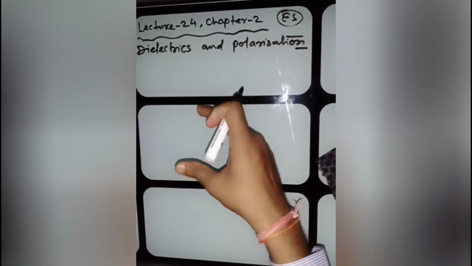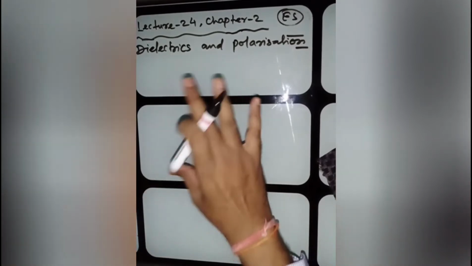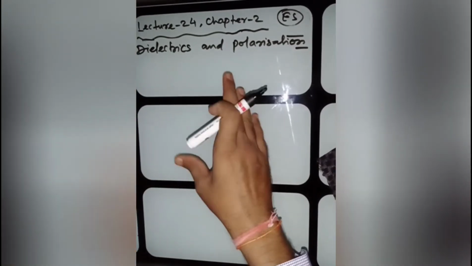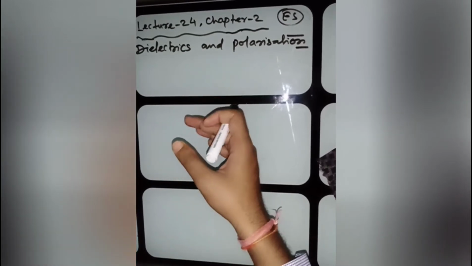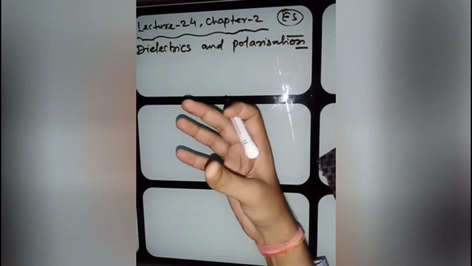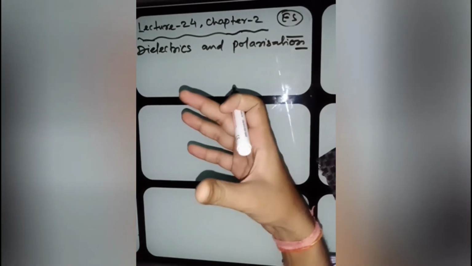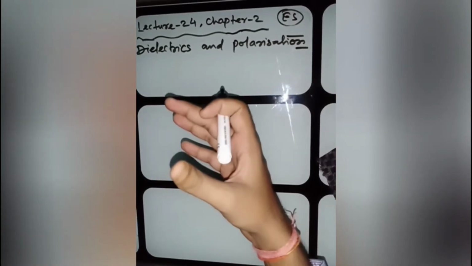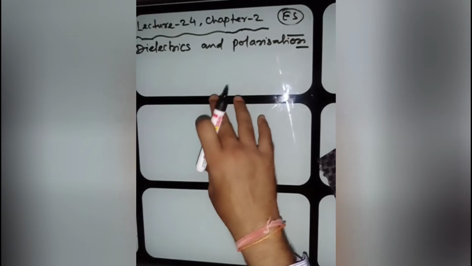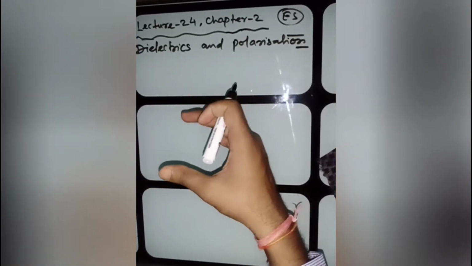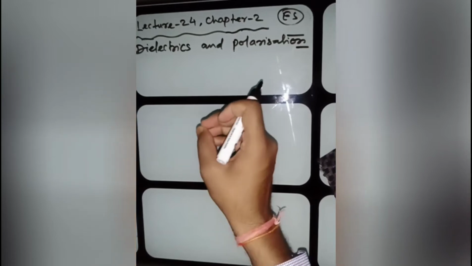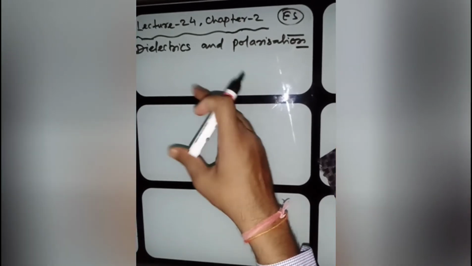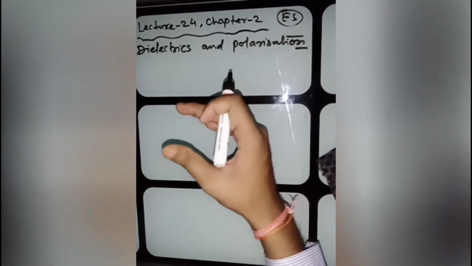He explained that if we place a dielectric, which is an insulator itself, between the plates of a capacitor, then the capacitance will increase. He did an experiment, and yes, the capacitance was increased.